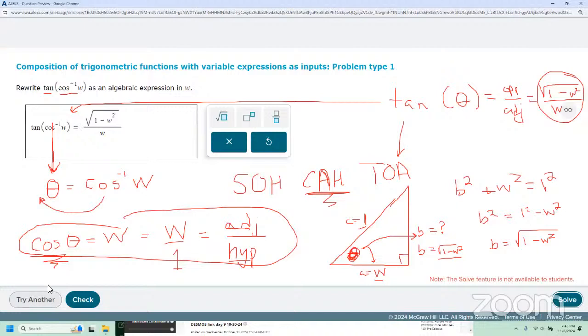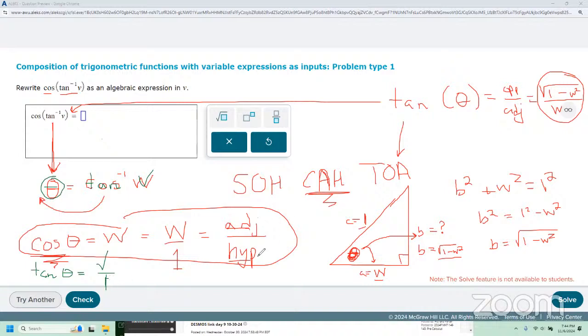So again, I picked another one, and I'll pick a different color. I'll do green. Now I'm going to let theta equal the inverse tangent of V. Then I'm going to move it over, so the tangent of theta equals V over 1.